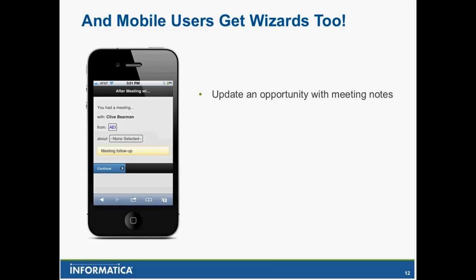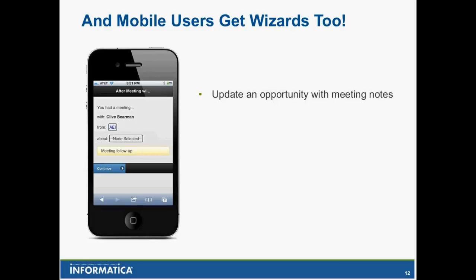So I maybe update the opportunity with some notes saying I had a great meeting, but then perhaps the next step in the process is to send an email to my manager, or to add something to a work queue, or in fact send out a chatter message to other people in my district or my patch that I'd met with these folks, or I assign a task to maybe a business development rep to call these folks in a couple of weeks.